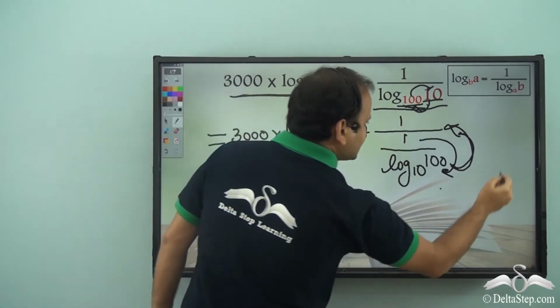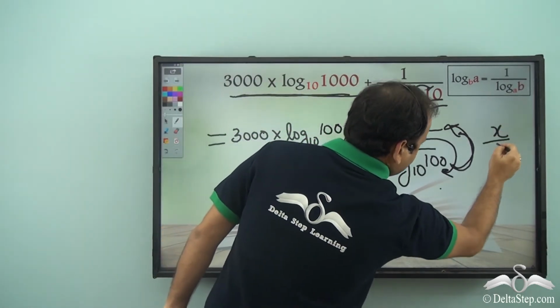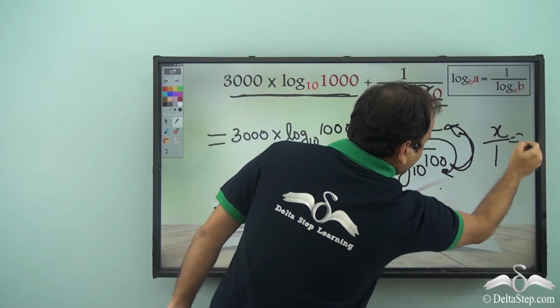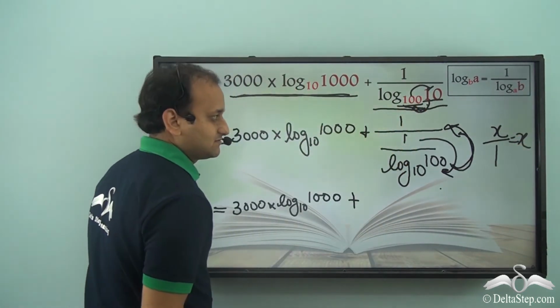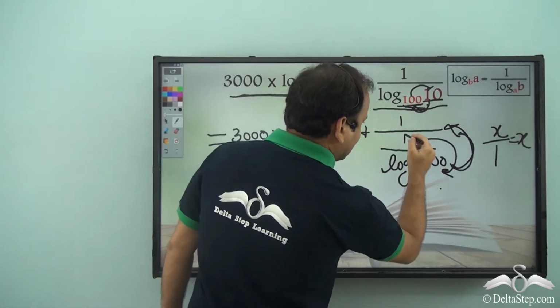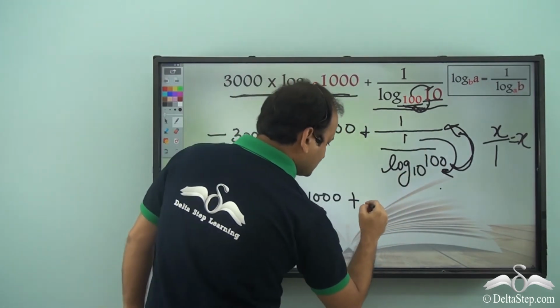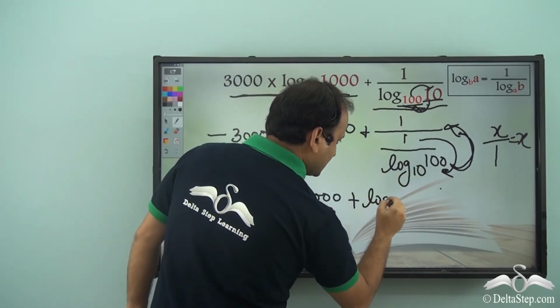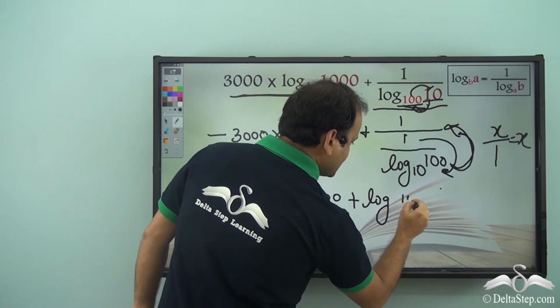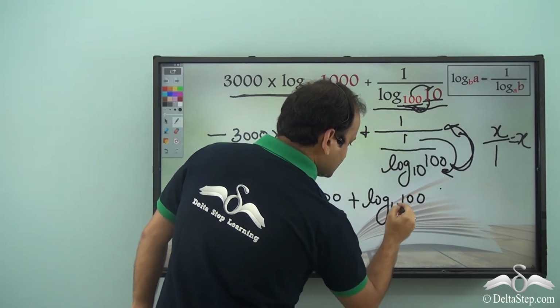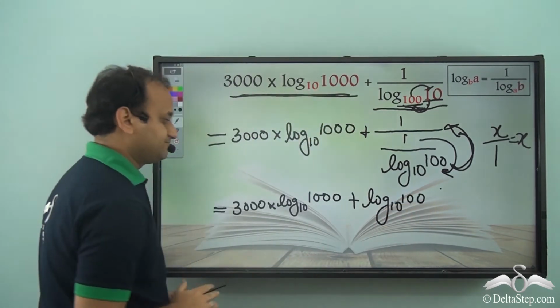So we know that anything by 1 can be simply written as this. Okay, so we can ignore the 1 here, so we can directly write log 100 to the base 10.